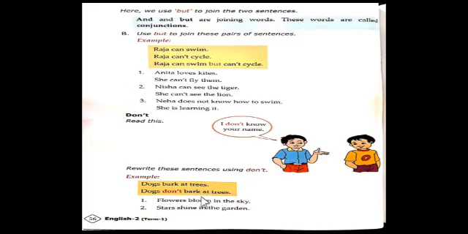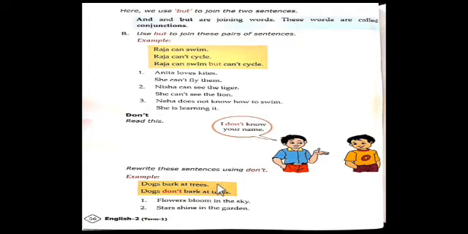Dogs don't bark at trees. Actually, the dogs bark at thieves, or robbers. But here we should make the correct statement as dogs don't bark at trees.